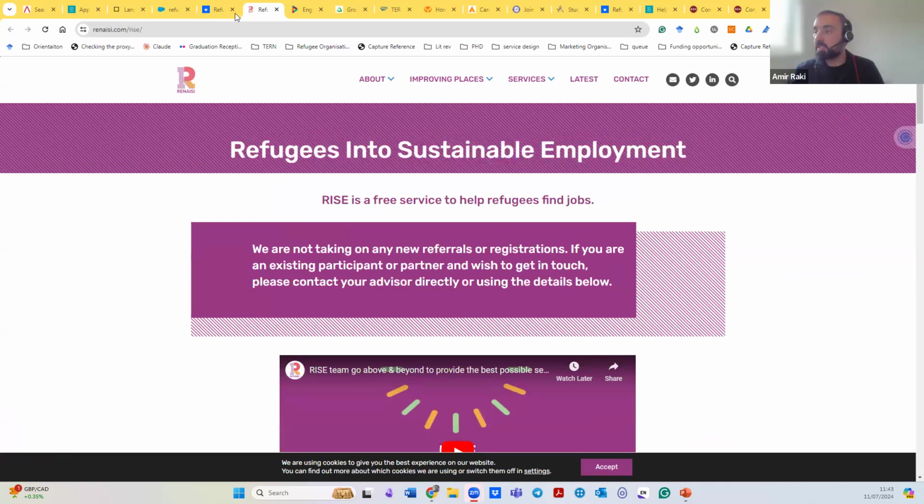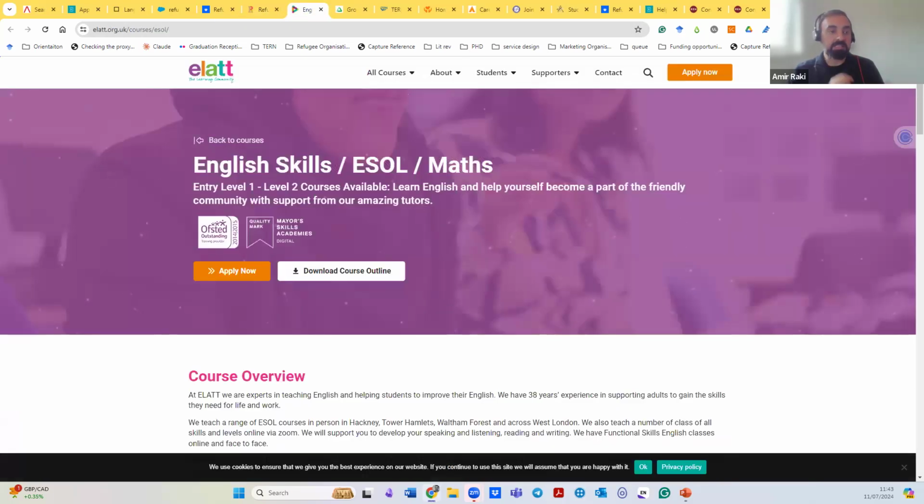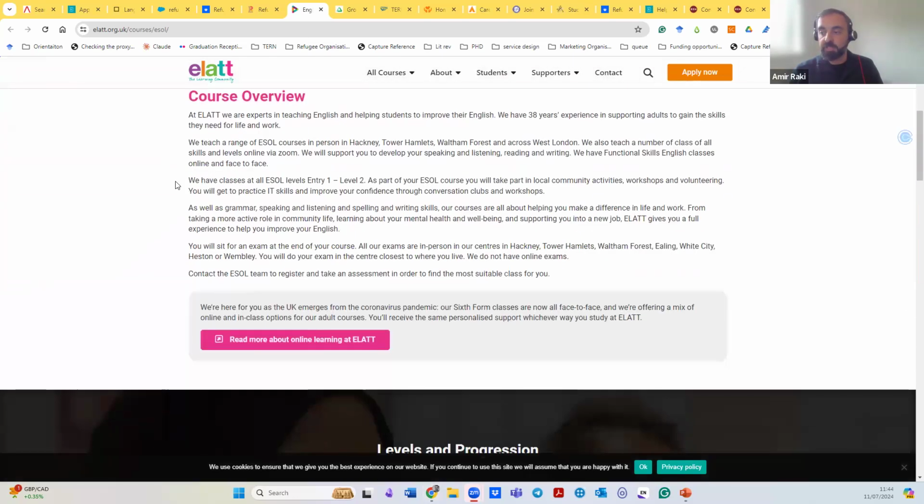The next one, which is an interesting one, is ILAT. Again, they have plenty of courses. Most of them are free, especially if you're a refugee and unemployed, so you don't have enough income. There are plenty of courses, especially ESOL courses, that you can have access to.